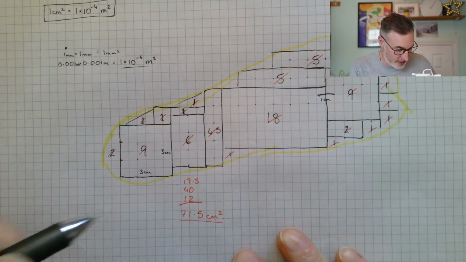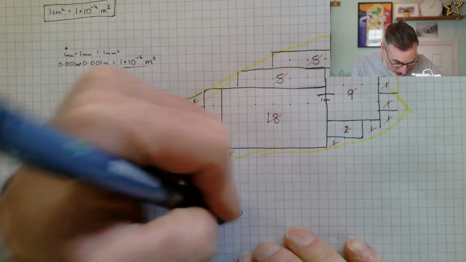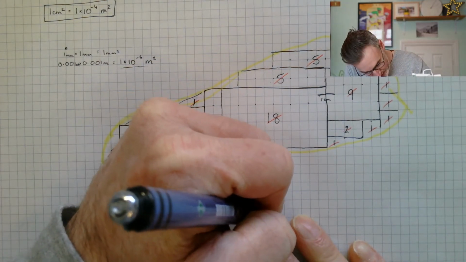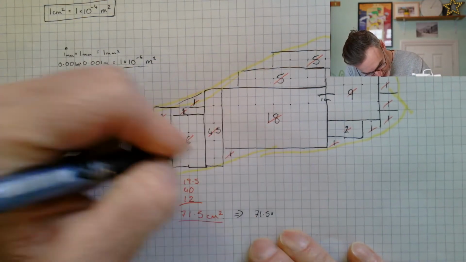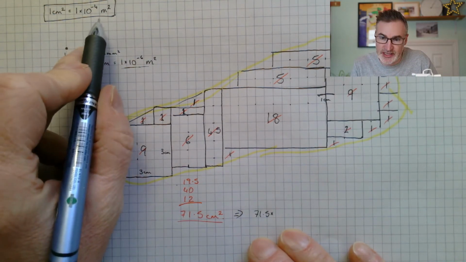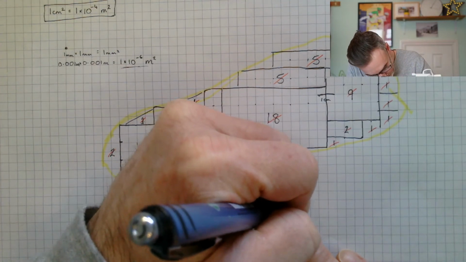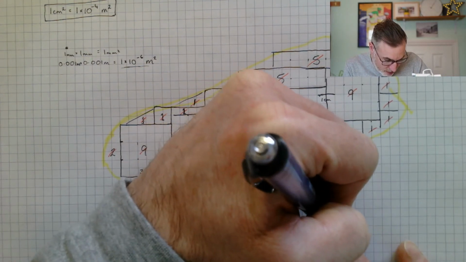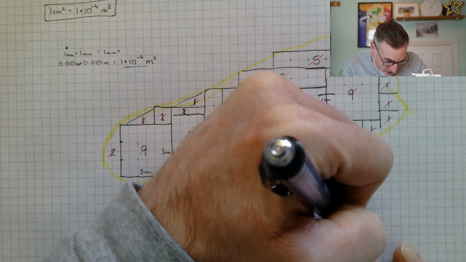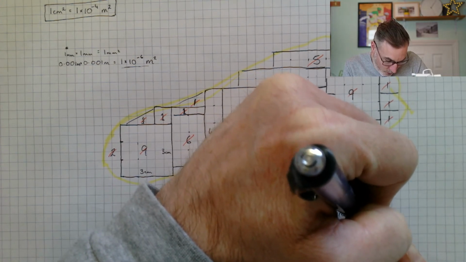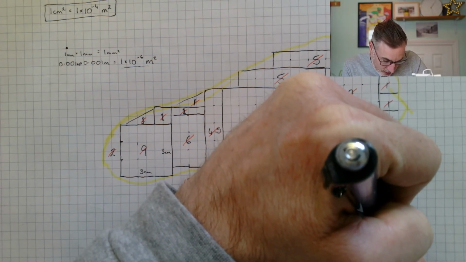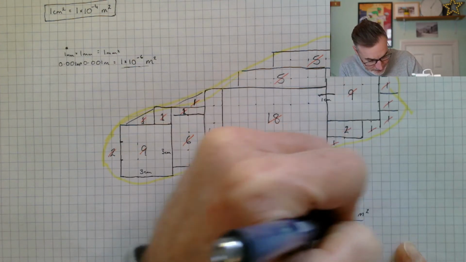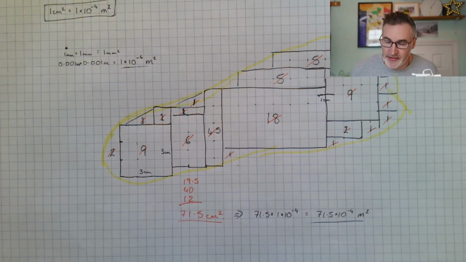So to convert that into meters squared, we're just going to multiply that. 71.5 times 1 times 10 to the minus 4. Really simply, that's just going to give me 71.5 times 10 to the minus 4 meters squared. So that is the area.